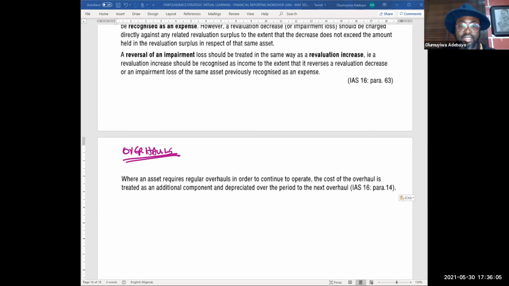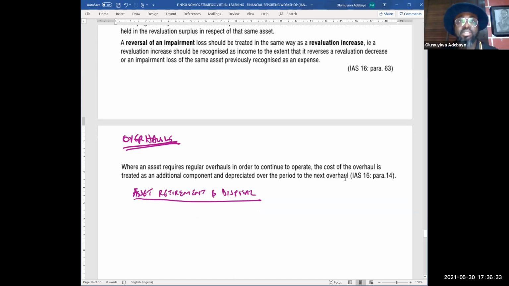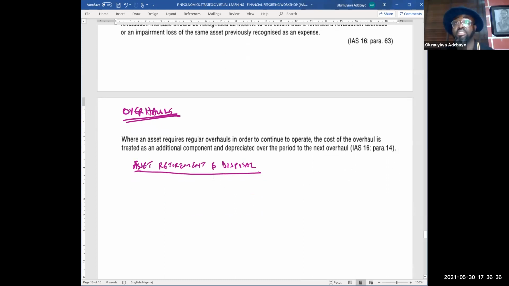Okay. Next aspect is retirement and disposal of an asset. Asset retirement means an asset that outlives its economic useful life, even though it's physically present.